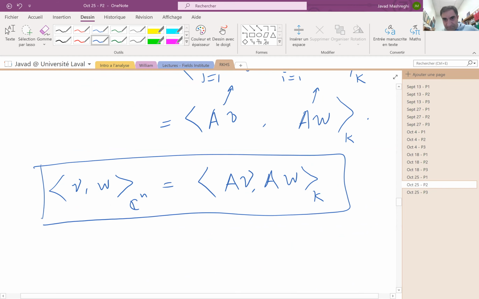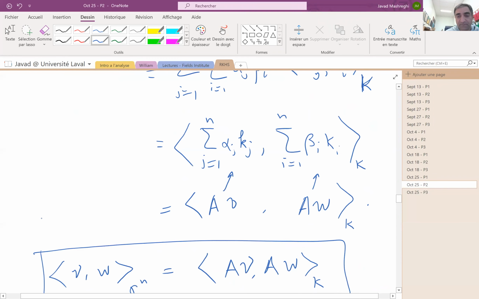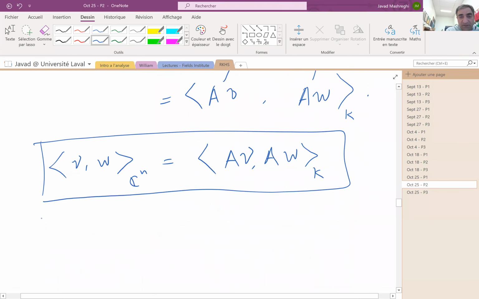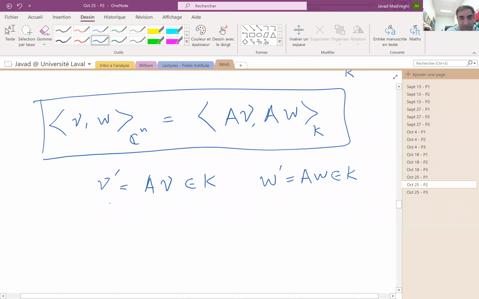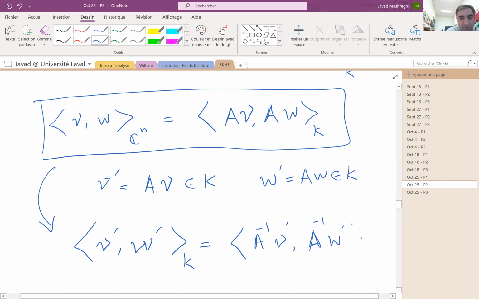In other words, we wanted to know the inner product between two elements in K. But now, since A is invertible, I mean, it's surjective and bijective indeed, we can call V prime to be AV in K and W prime to be AW in K. By invertibility, we obtain V and W. So immediately this implies that the inner product of V prime and W prime in K is A^(-1) V prime, A^(-1) W prime in C^n. That's the formula we were looking for.